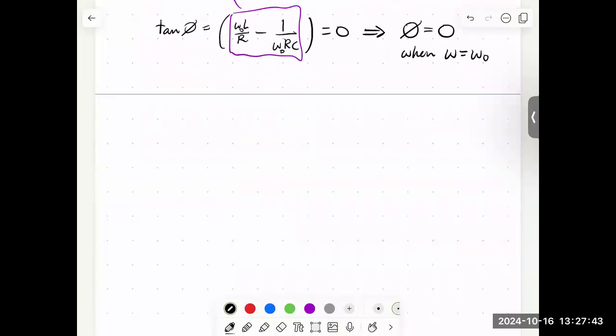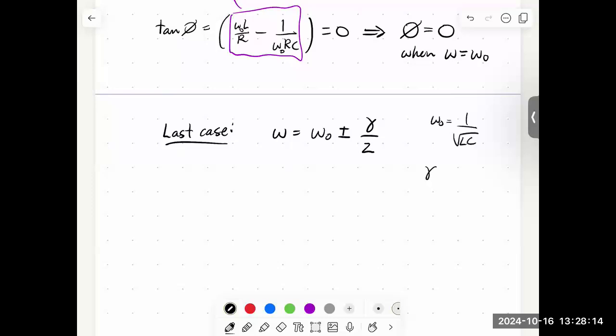Okay. So then what we'll do is we'll say, okay, last case. The last case is the following. I want to set the frequency to be omega naught, our resonance frequency, but plus or minus gamma over 2. Remember, we have this gamma where, so we now know omega naught is 1 over square root of LC. We've been using gamma. You measured it in the lab last week.